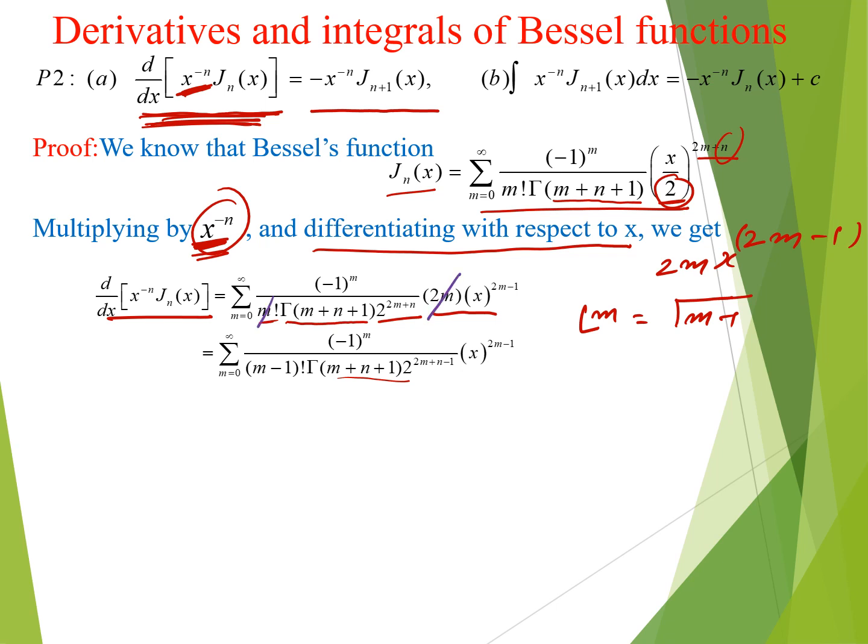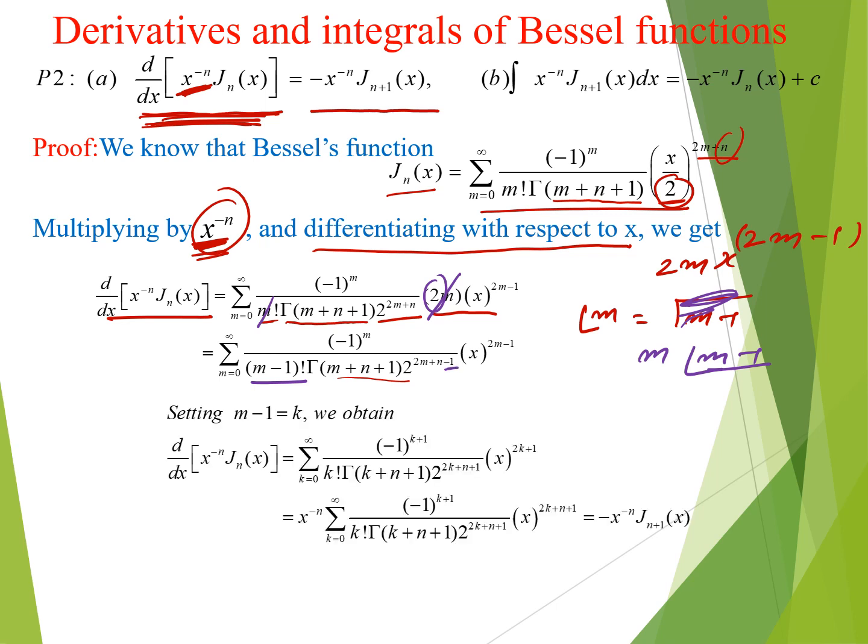so we expand factorial m is equal to m times factorial of m minus 1. So this is the factorial of m minus 1 and m is cancelled, so we have a 2 taken out to the denominator, then it is minus 1. Now let m minus 1 is equal to k.